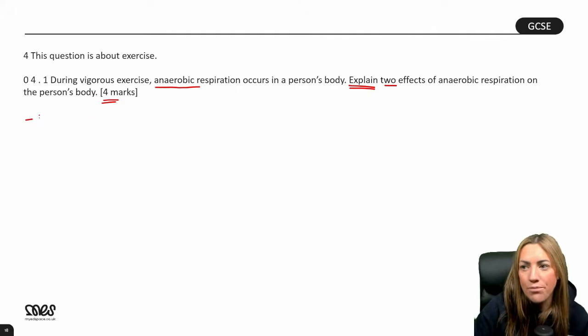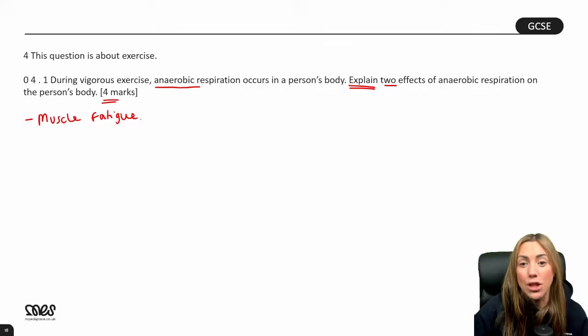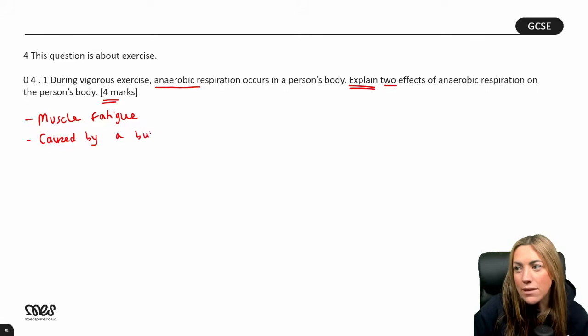So for example, an effect might be that the person, if they're using anaerobic respiration, could get muscle fatigue. And the explanation for that would be because it's caused by a buildup of lactic acid. So this is the effect on the body.